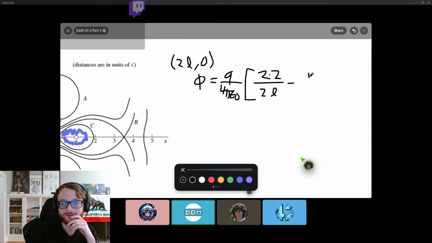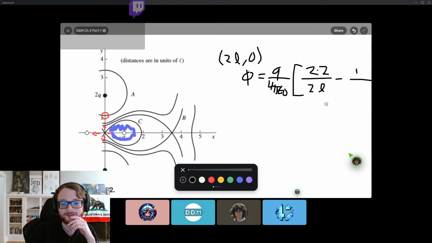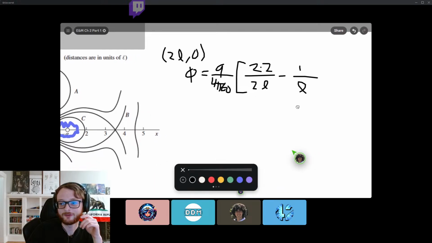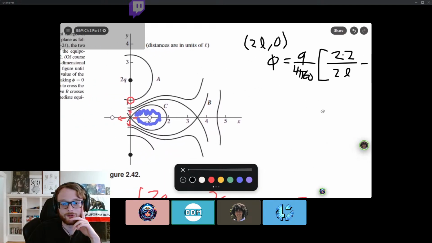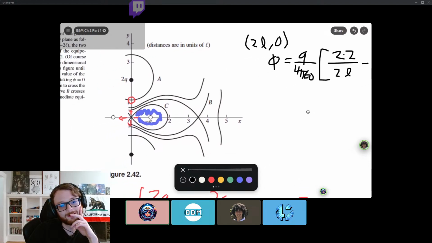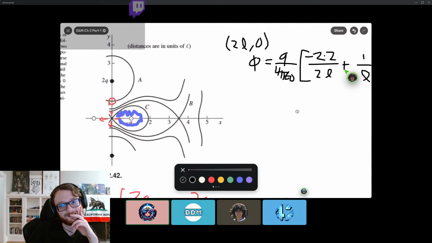The first positive charge is just distance L away. The second negative charge is 2L. No, L plus 2L. No, actually, I'm a little confused now. The first term comes from which points here?